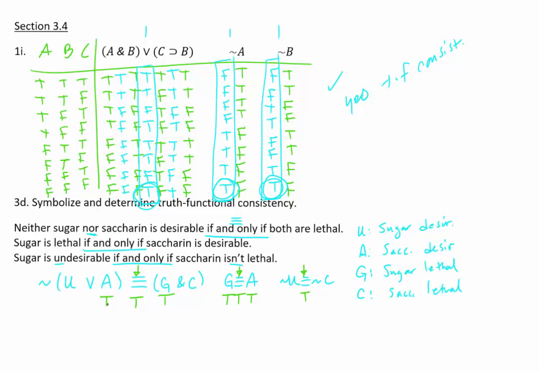Now, U wedge A is going to give me true no matter what. So with U, I have some freedom with that. That's going to give me true. This will result in false, which means that G and C must result in false, which means that correspondingly I have to choose false here so that I can get false here, because I know that I'm going to get false here because the wedge is going to be true.